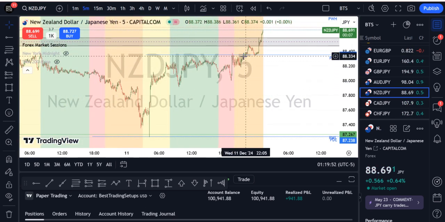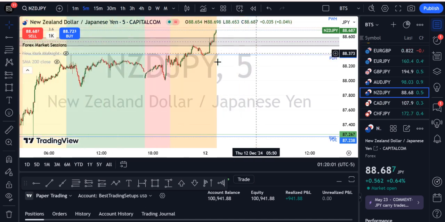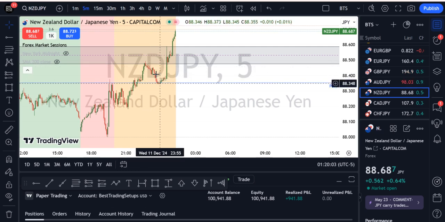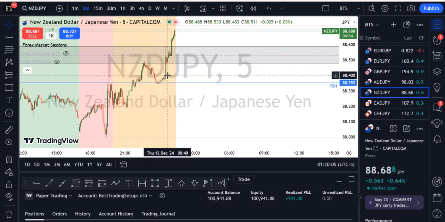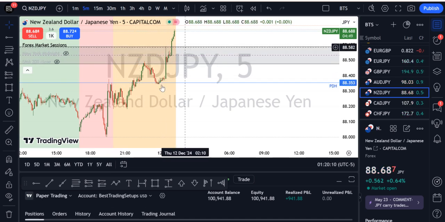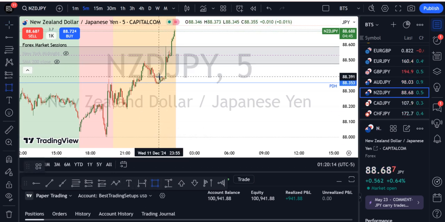As you can see currently, this is previous day high. We've broken it, we've tapped it, and we're already being bullish. So right around here, after the tap on that high and this break, we can wait for price to come to this fair value gap.